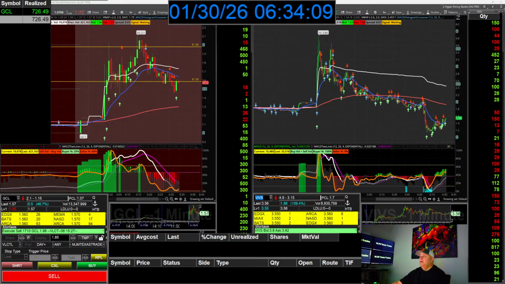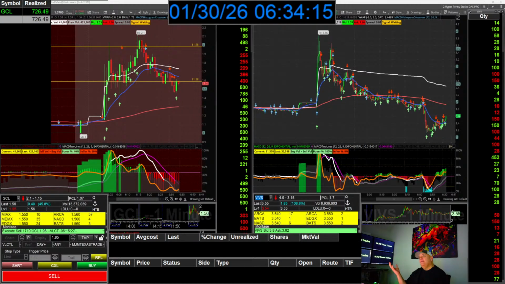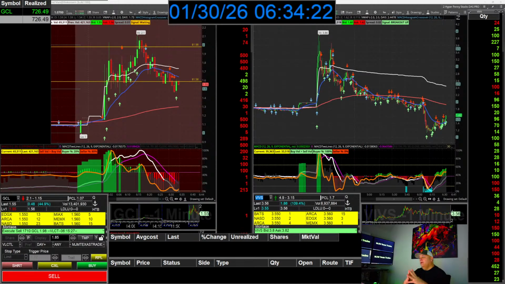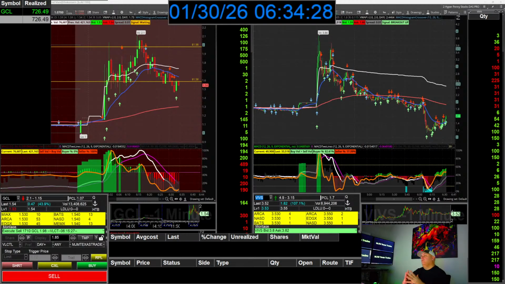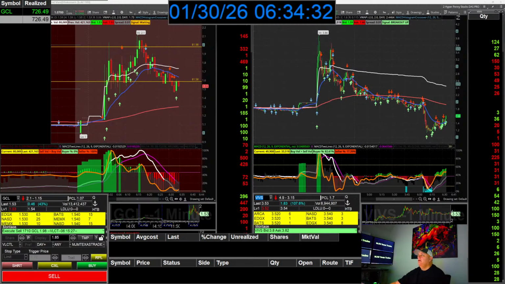Even though it's on the backside really bad, if it does recover a little bit and stays strong enough at the open, this might be a quick scalp. Get in, 30 cents up, get out. Boom, $300. It could be something like that. So I'm going to keep an eye on that.